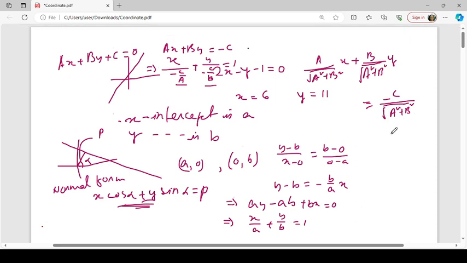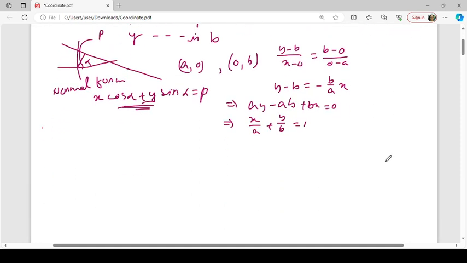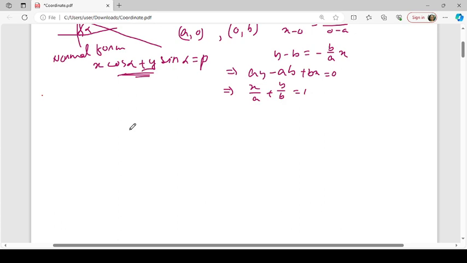So this is the way to find different forms of the equation of a straight line. And when we know this normal form, what we have: this is a line, and this is a point here, say r, with coordinates alpha, beta.